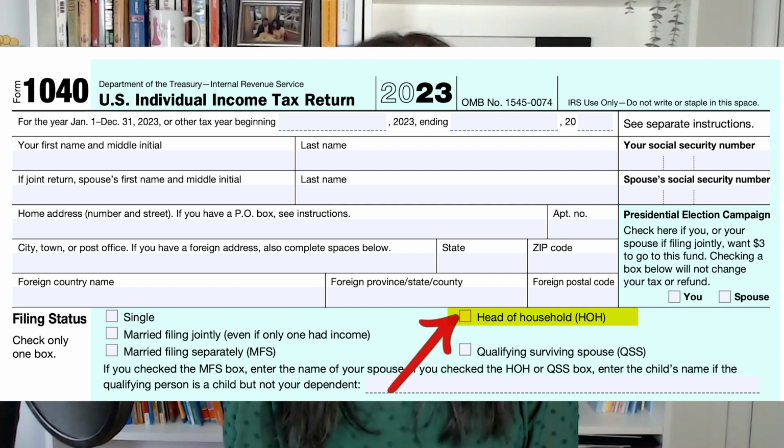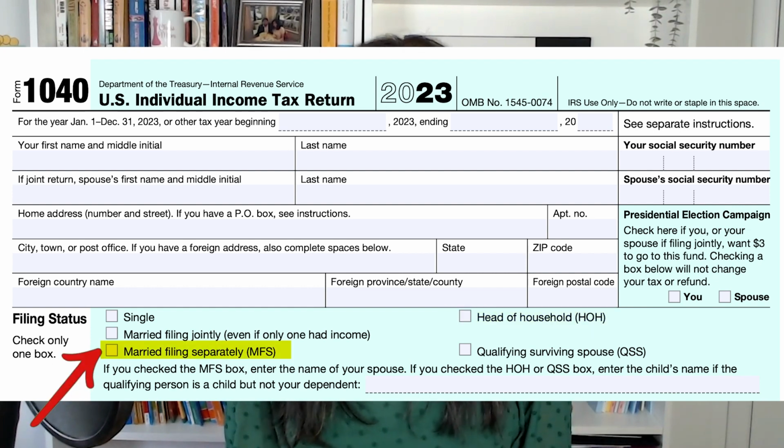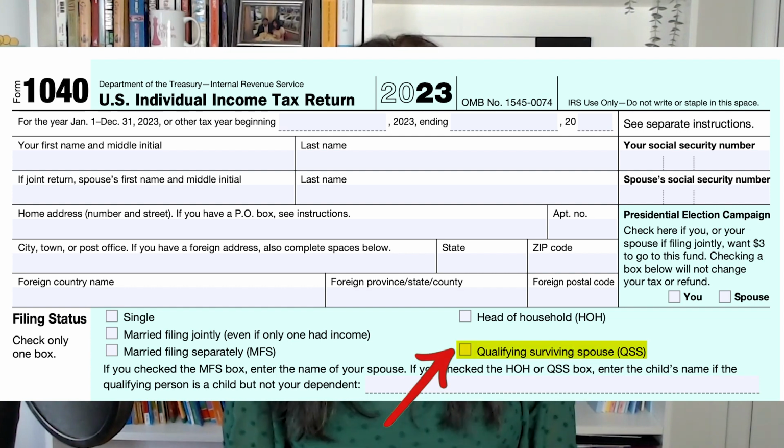The head of household status is for single people with dependent children. There's also married filing separately, but it's not a favorable filing status. And the last one is qualifying widow or widower with dependent children. This one's for someone who lost their spouse in the past tax year.